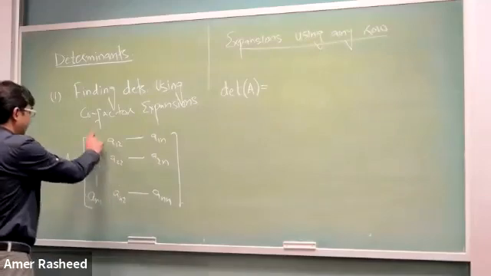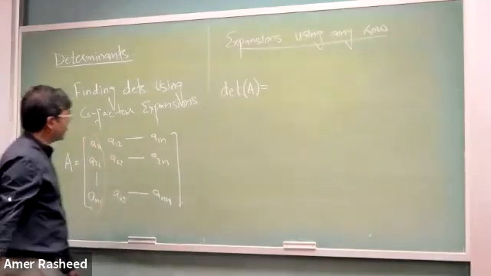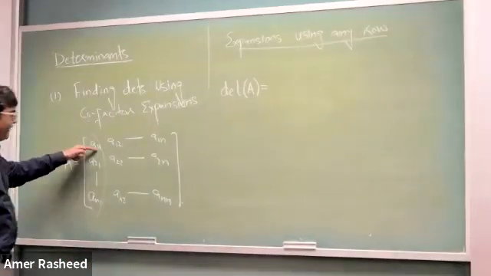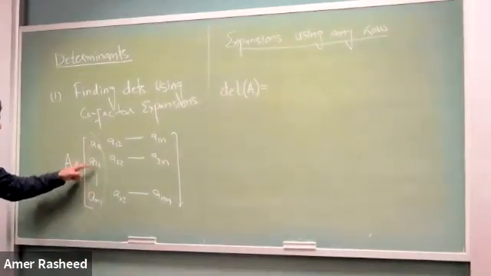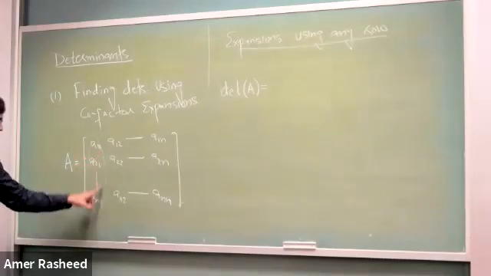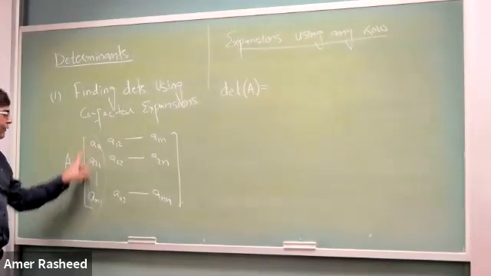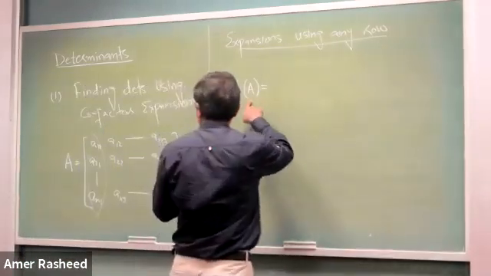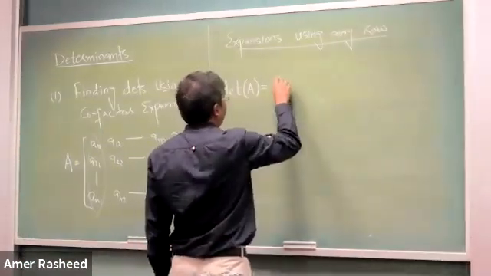For example, with respect to the first column, how do we write the cofactor expansion? In this case, the row will vary. The rows are varying here, and the column is fixed. You can write the cofactor expansion with respect to the first column and find the determinant of A. How do we write it?